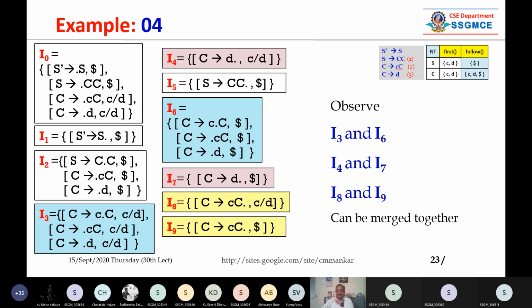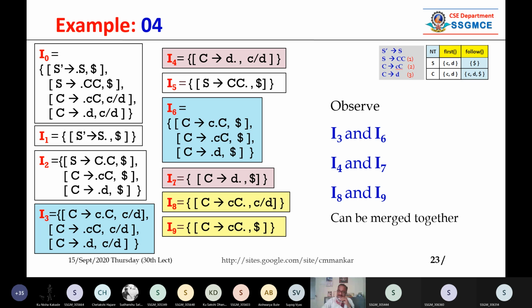Now, again observe set number 8 and 9. These are the last sets. So 8 contains 2 look aheads and 9 contains only 1 look ahead, and both contain the same core atom. Now luckily, as I told you, here very few production rules are there.